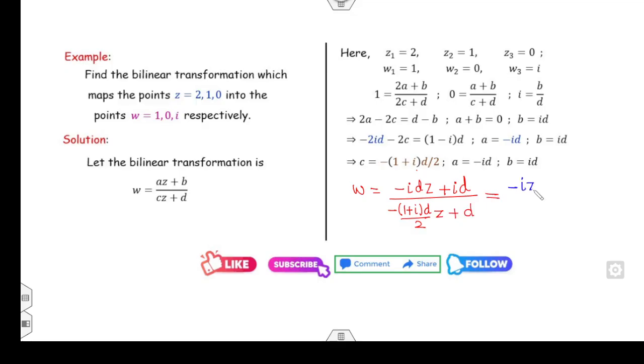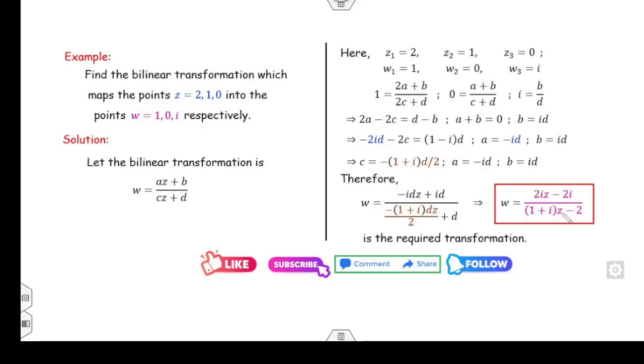The answer becomes (minus iota Z plus iota) divided by ((minus 1 plus iota) Z over 2 plus 1). You can take the LCM of the two and get the required same answer as by method number 1. So this is a way you can find the Mobius transformations.